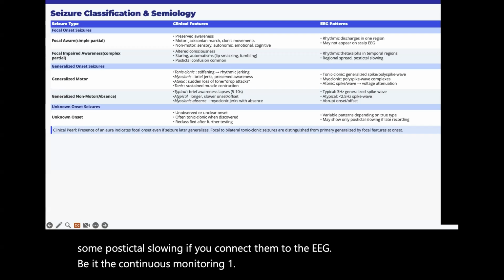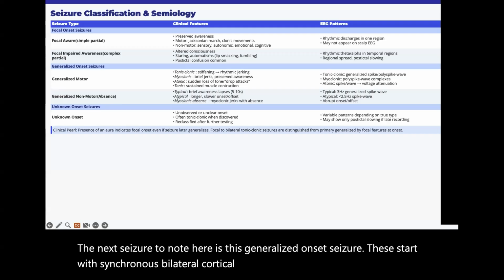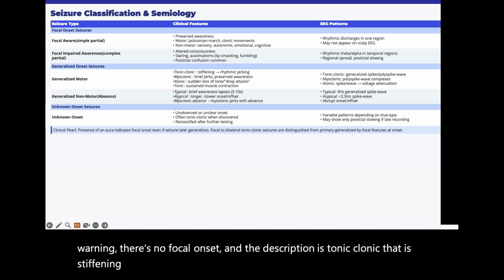The next seizure to note here is the generalized onset seizure. These start with synchronous bilateral cortical activation. There's no aura, no warning, no focal onset. The description is tonic-clonic, that is stiffening with rhythmic jerking, or myoclonic, that is quick jerks.